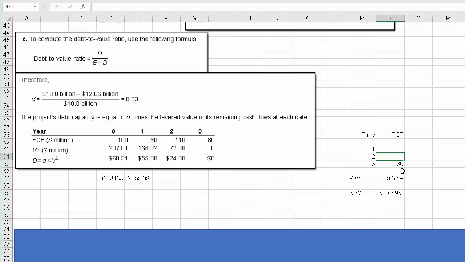That becomes 72.98, and then I can multiply the 72.98 times the 0.33 again. Okay, and that's how I come up with this calculation.